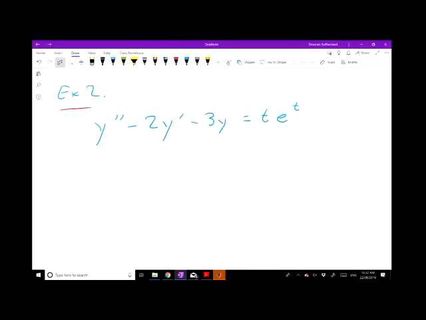This is the example. It's a bit ugly. We notice that we've got a product on the right-hand side, so we're thinking that undetermined coefficients might be a bit of a nuisance. Secondly, this lecture is all about variation of parameters, so let's try that method first.